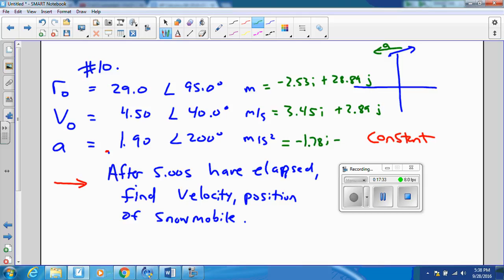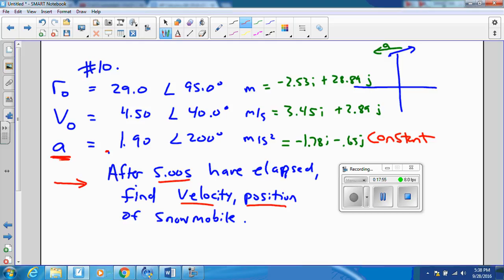And the acceleration is going to be a constant negative 1.78i minus 0.65j. And now what we'd like to do is to find the velocity and the position after 5 seconds have elapsed.